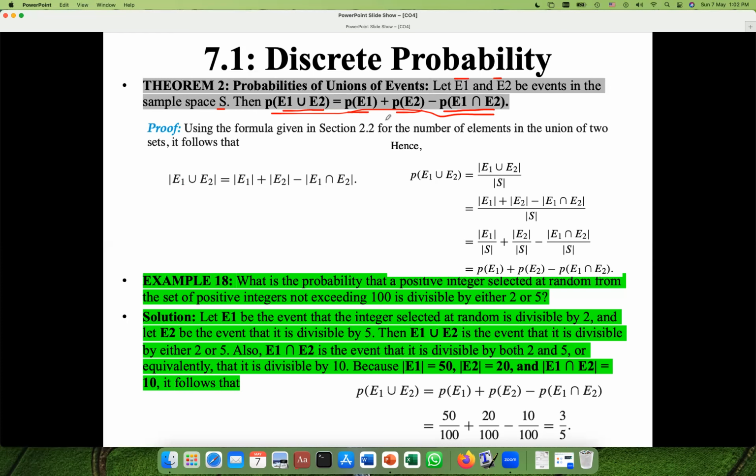Anyhow, this is the theorem and this is its equation. You have to keep that equation in your mind if you want to calculate the probability of the union of events. You calculate the probability of the events individually, and then you subtract something from that.